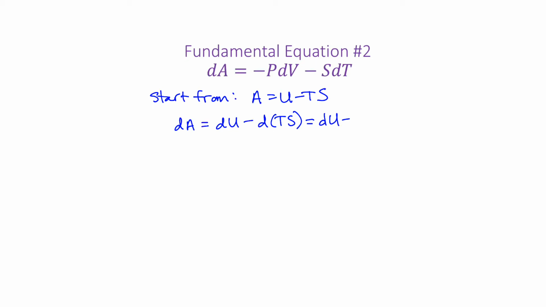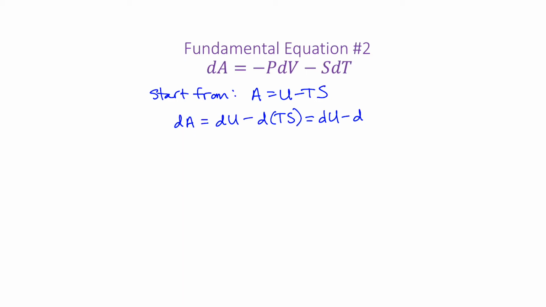So we have dU minus T dS minus S dT. We'll just get those differentials in the second spot. Now we have some information from our previous fundamental equation. From fundamental equation number 1, we can plug in our expression for dU.